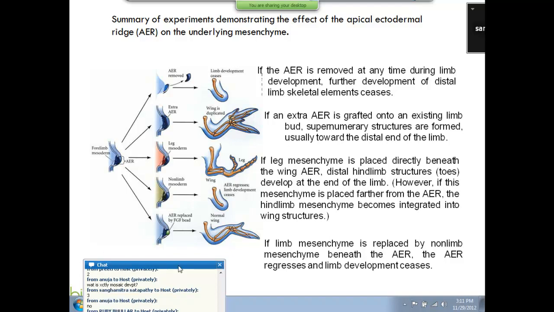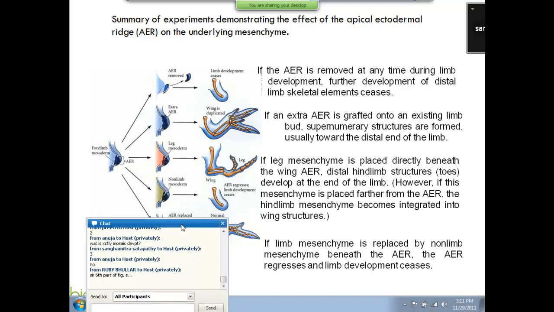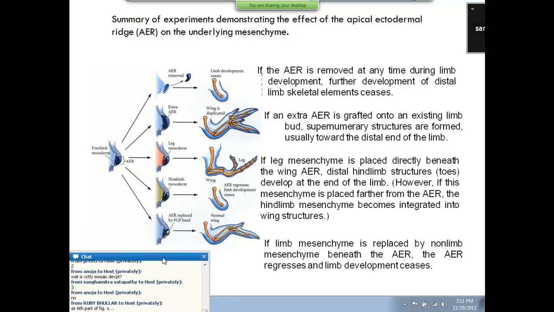So why? This one? What they are doing now, see here, if they keep the AER, this one is a non-mesoderm, and then the limb mesenchyma is replaced by non-limb. If it is not at all, what happens?